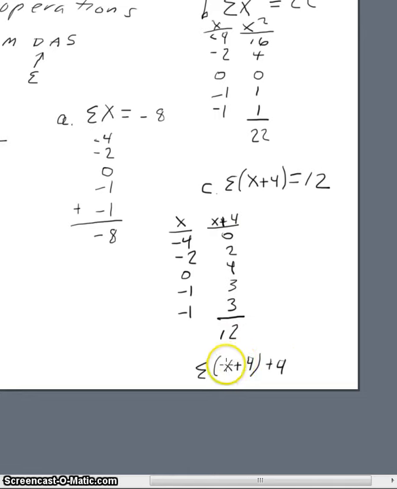We would end up with 12, and then we would add 4 in the end. So this answer would end up being 12 plus 4 equals 16. Just as an aside there. Pretend that was D. Okay, so that's the description of how to do that problem.